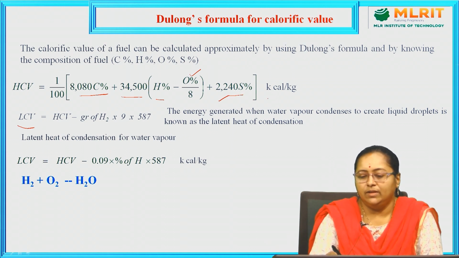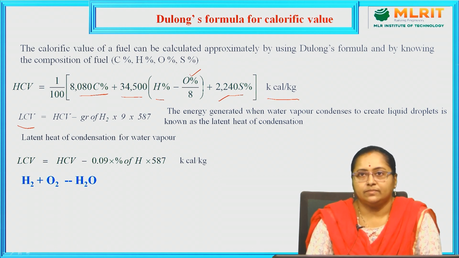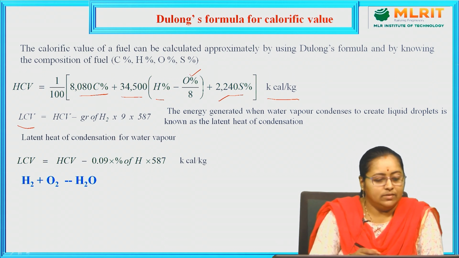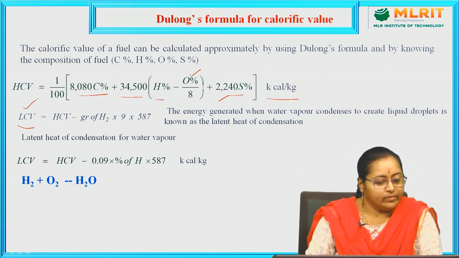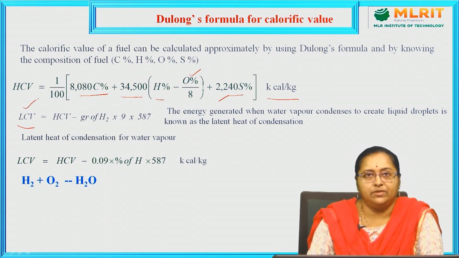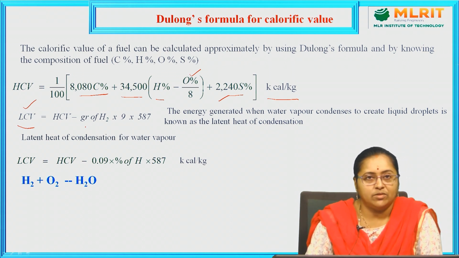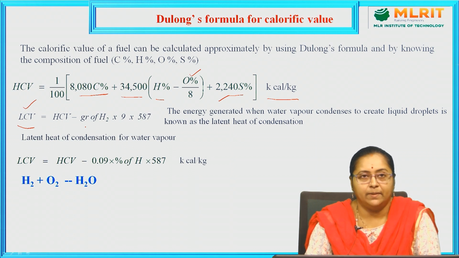We know very well the units of expressing calorific value are kilocalories per kg. Similarly, the formula for finding the LCV of a supplied fuel sample is equal to HCV minus percentage of hydrogen multiplied by 9 multiplied by 587.